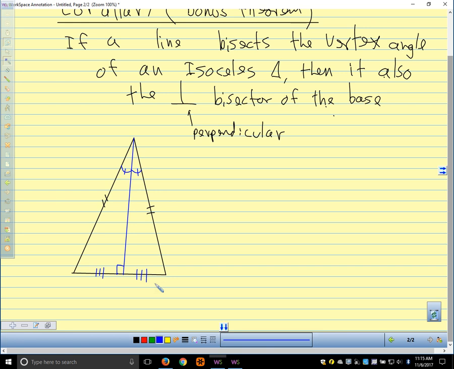So we cut the vertex angle of an isosceles triangle in half. We also cut the base in half with that segment, and that line meets the base of the triangle at a 90-degree angle.